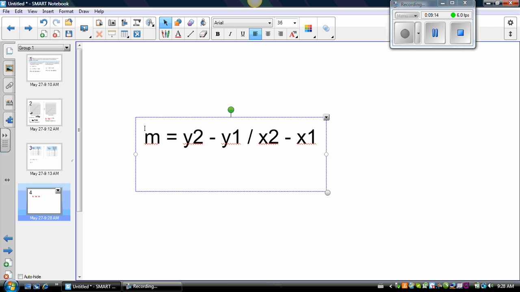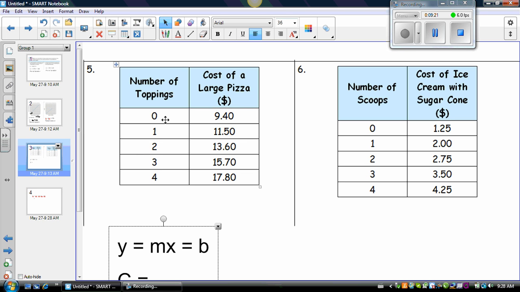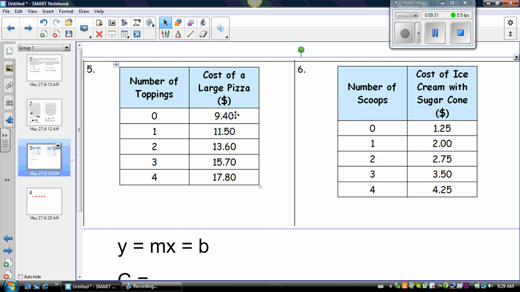So I'm going to choose my first 2 points from this table. My first 2 y values are 11.50 and 9.40. So y2, this one, minus y1, this one.